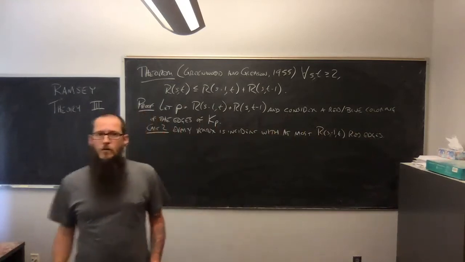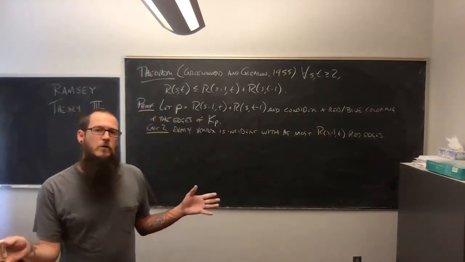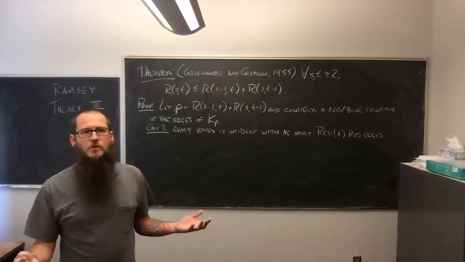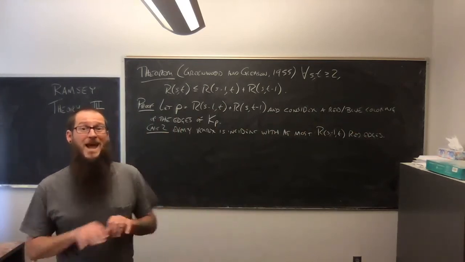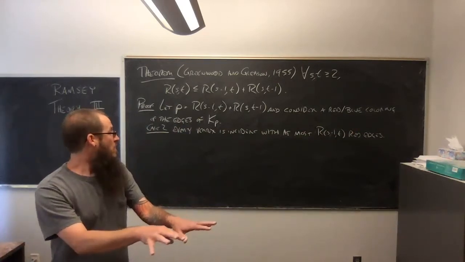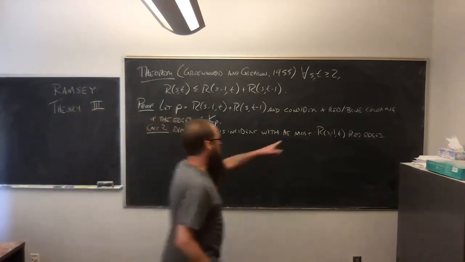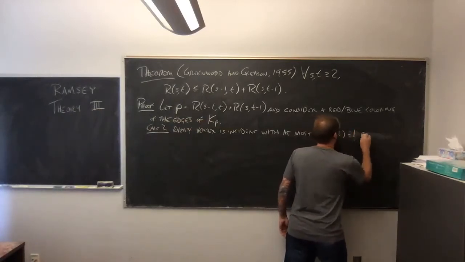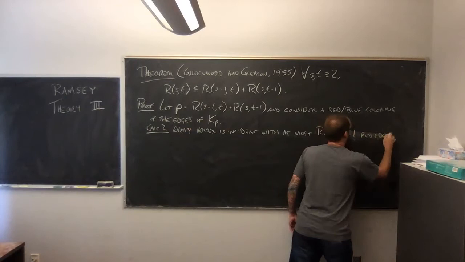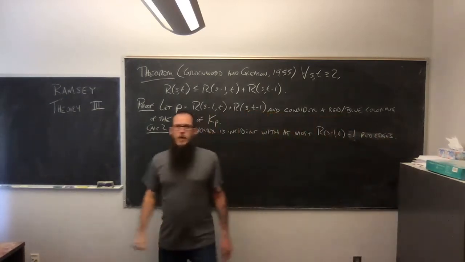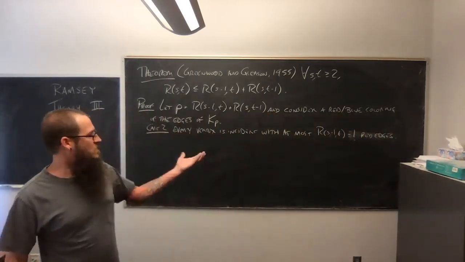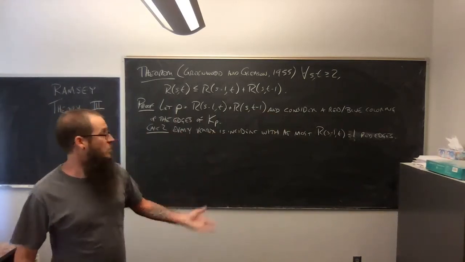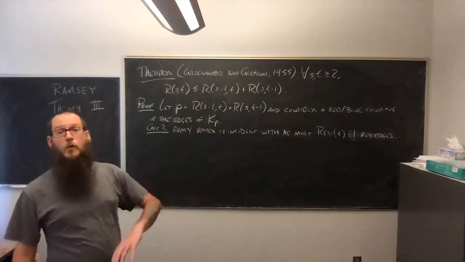Well, let's think about what the degree is overall, if you include all red and all blue edges. We're looking at a K_P, which means there are going to be P minus 1 edges coming out of each vertex. If we have at most this many, sorry, minus 1, I said one thing and wrote something else, if we have at most this many red coming out of any one vertex, then we have at least P minus 1 minus this many blue edges.